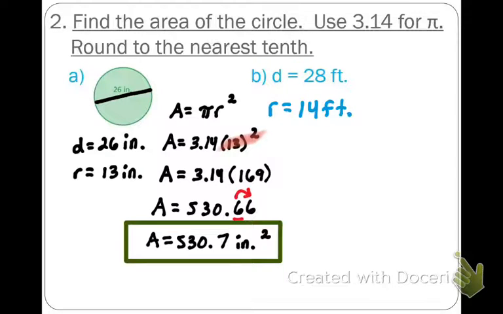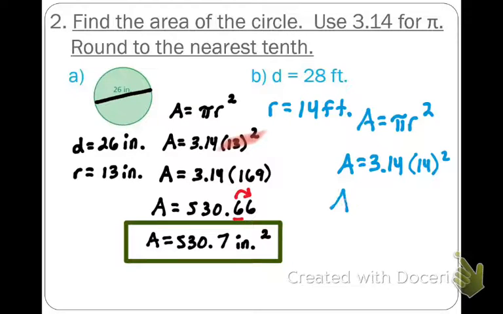Okay, then we've got A equals pi r squared. It told us that the pi was 3.14, and the radius we just discovered was 14. What should I do first? Make the square the exponent. 14 squared. What is 14 squared? 196.